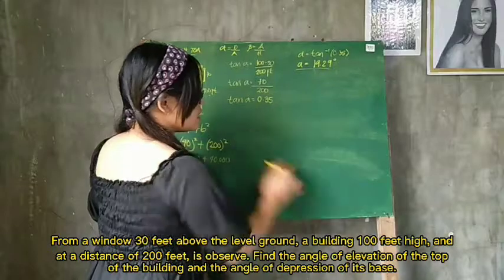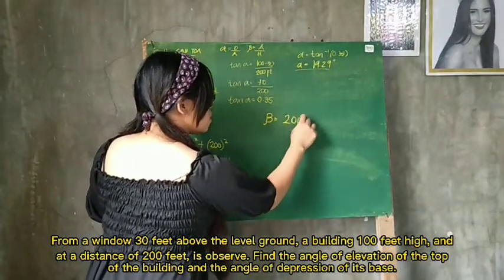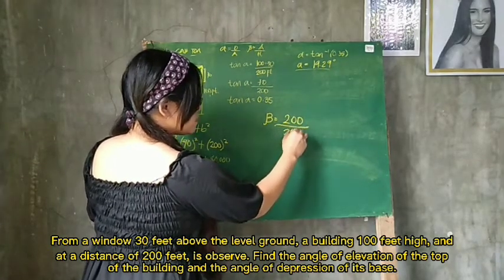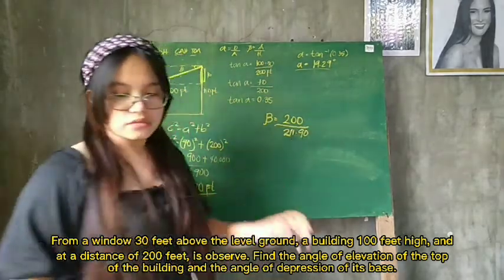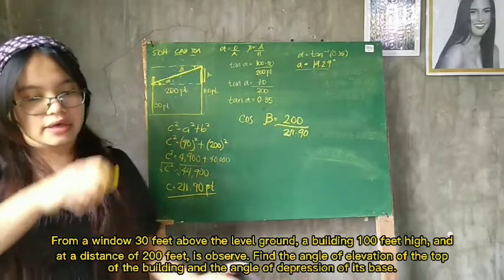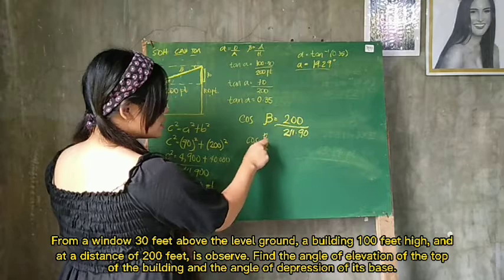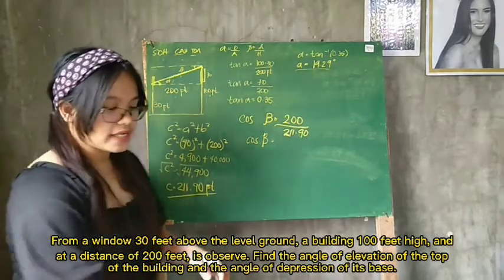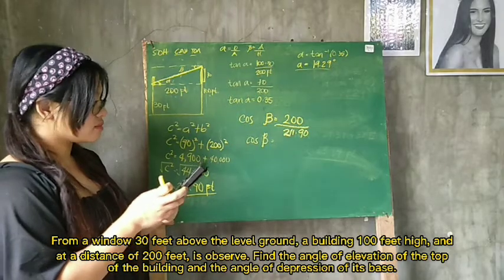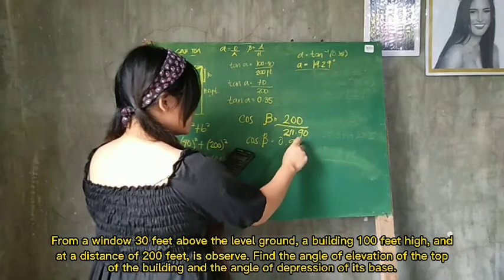Let's write it again. We have the cosine of angle B is equal to 200 over 211.90. I forgot, it's cosine. So let's divide 200 by 211.90. We have 0.94.